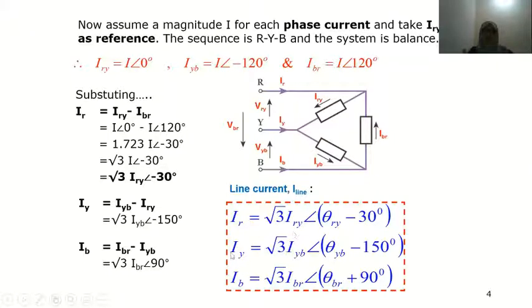For the line current IY, it is equivalent to square root 3 phase current IYB with theta YB minus 150 degree, and the line current IB is equivalent to square root 3 IBR, with angle theta BR plus 90 degree.